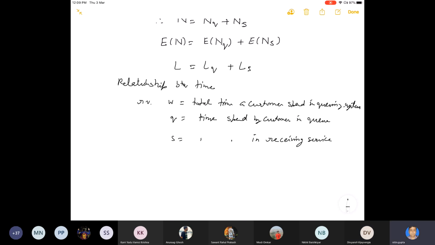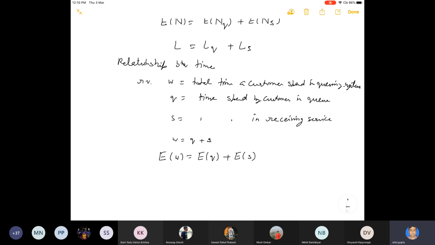W is equal to Q plus S. Clearly, because total time spent is time spent by the customer in Q plus time spent in receiving service. We can take expectation of this because these are random variables. So expected value of W is expected value of Q plus expected value of S.